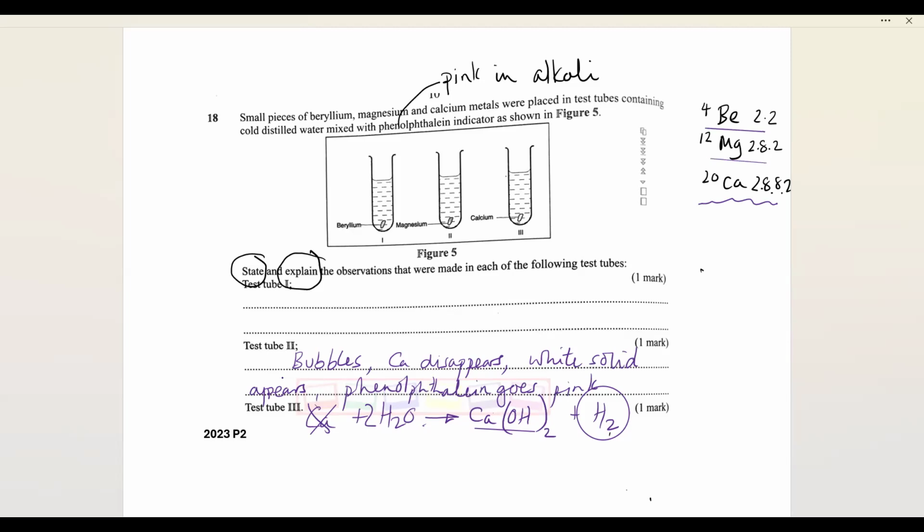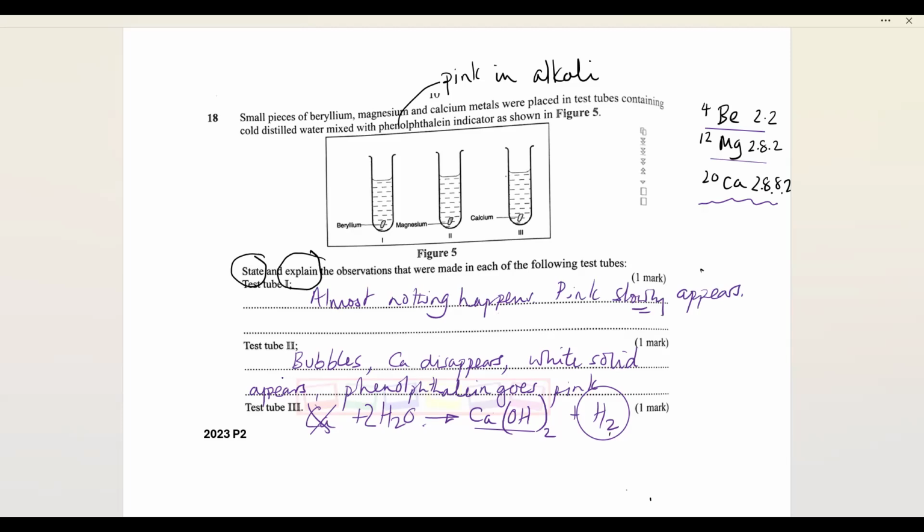So with beryllium, almost nothing happens. And it does, pink slowly appears, but there's really no bubbling and so on. It's really, really slow. Magnesium would be a bit quicker and calcium is most.